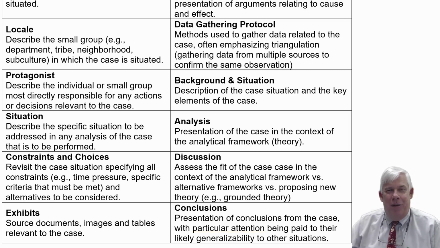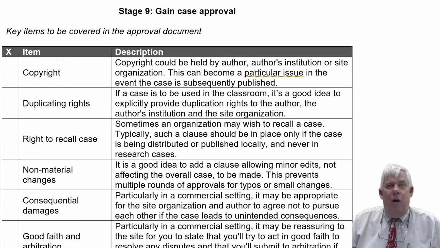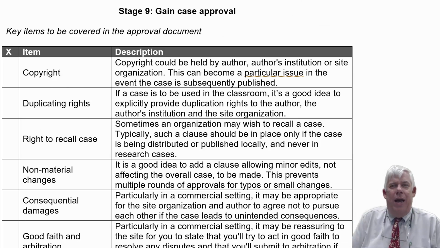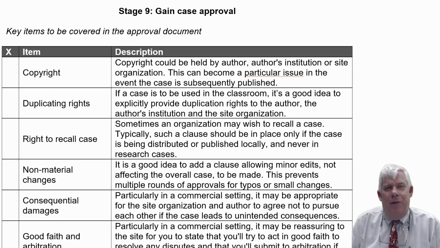That probably depends upon your reviewers. Hopefully, by the time you have your case written up, you're on such great terms with the organization that the question of case release is not a major issue. And if you've done your homework, as I suggested at the very beginning, and outlined the process and how cases get released, there should not be any surprises.